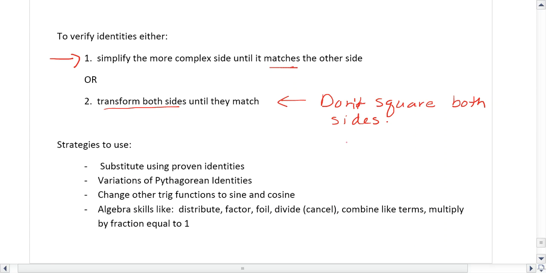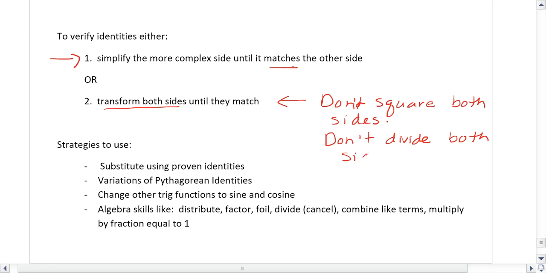And the other thing you have to be careful of is what you're dividing both sides by. You don't want to divide both sides by something that could equal 0.